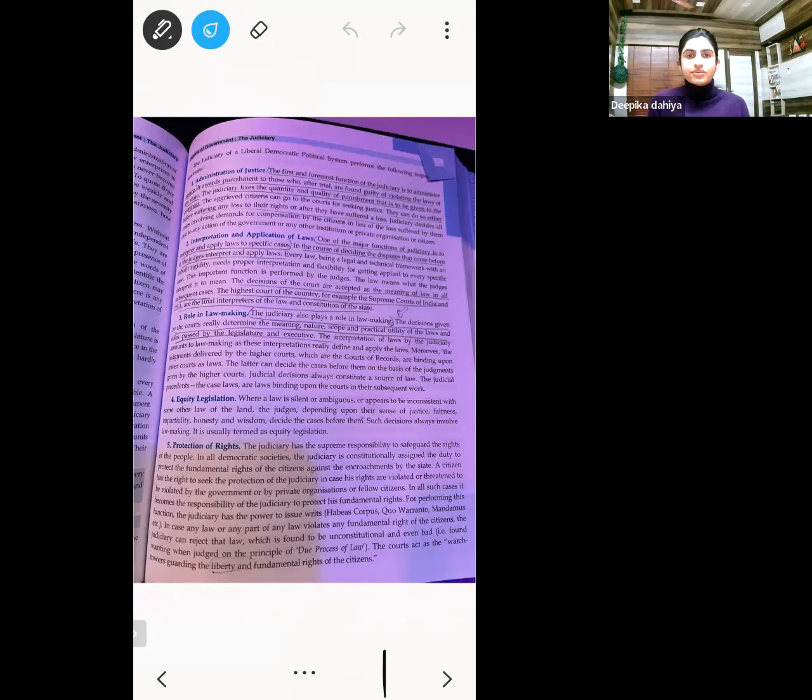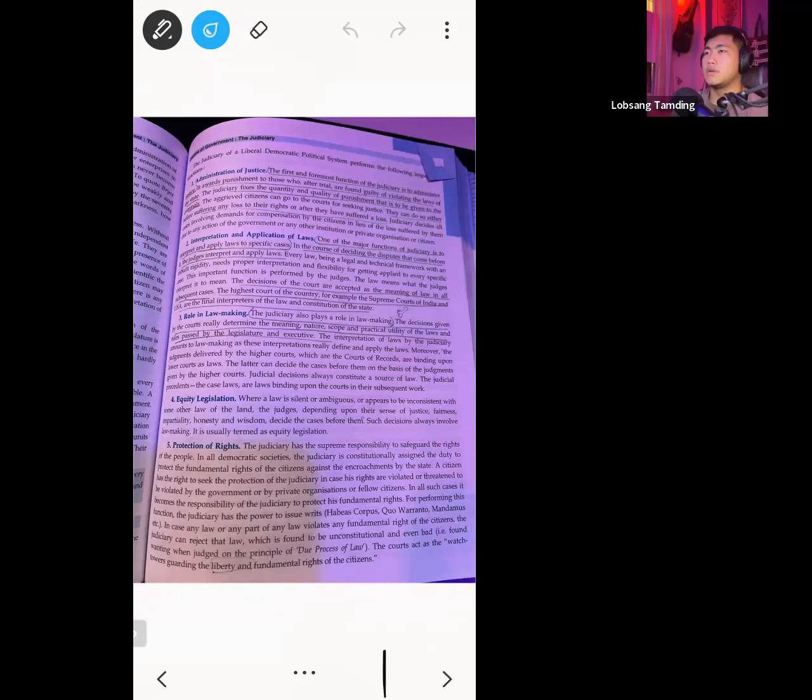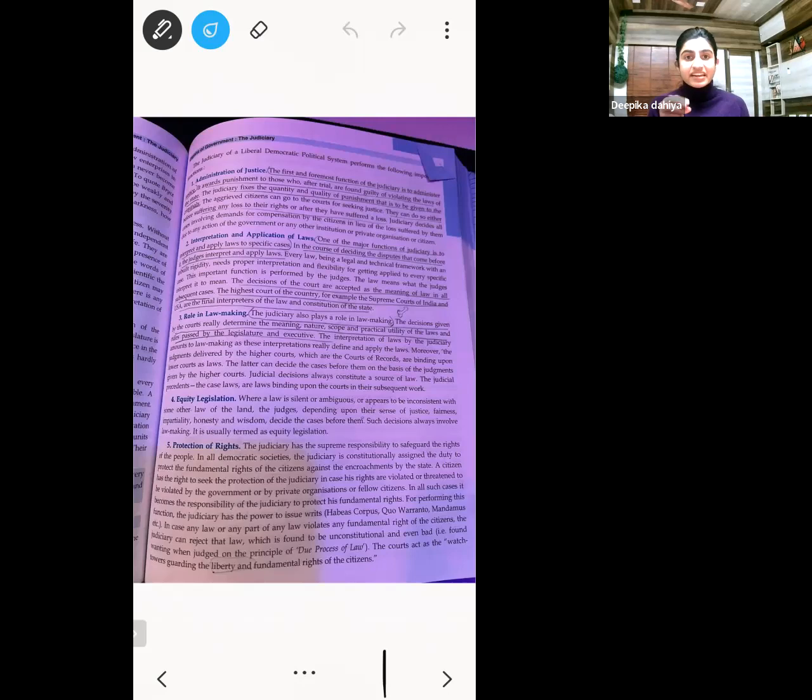You cannot take it literally, as we have just discussed in case of untouchability. Because the dictionary meaning is something else, and the message that we want to convey through our constitution is something else.